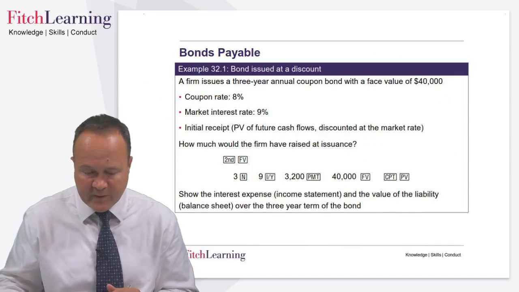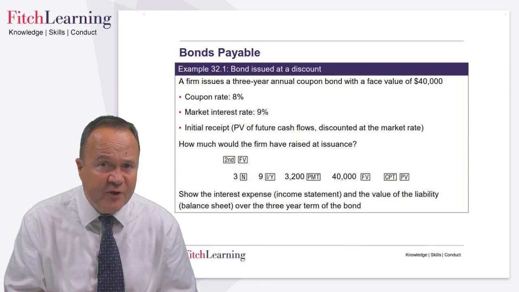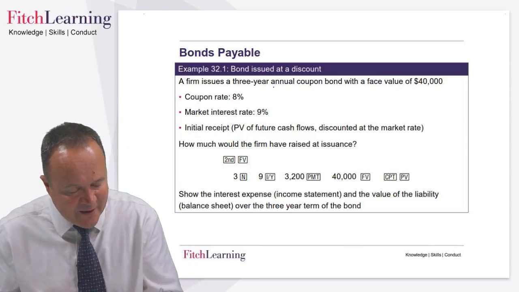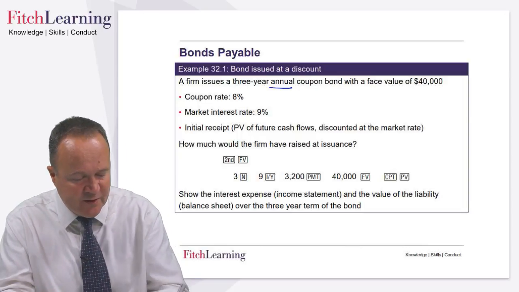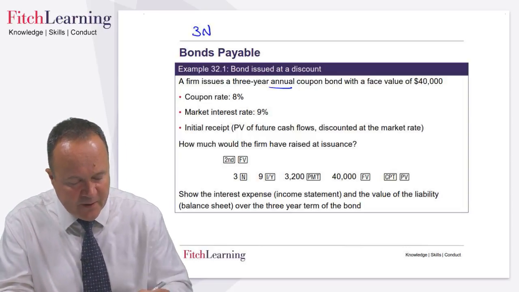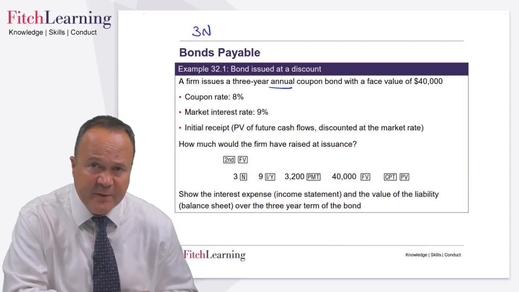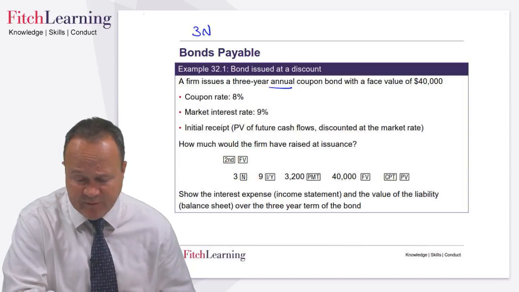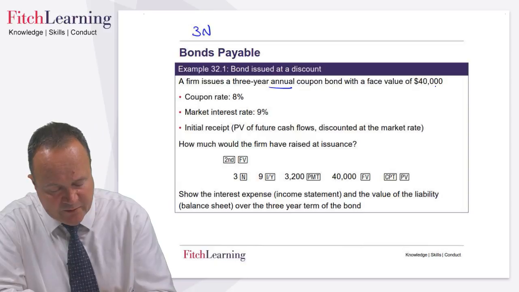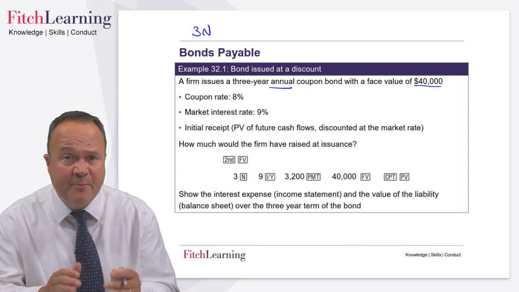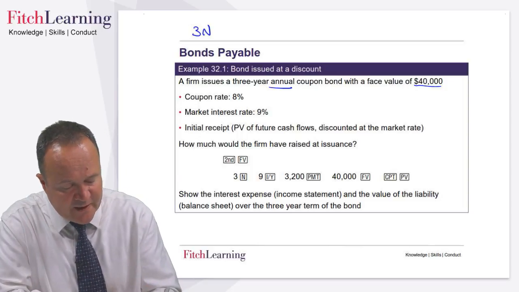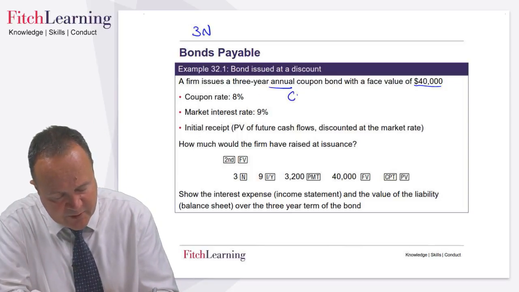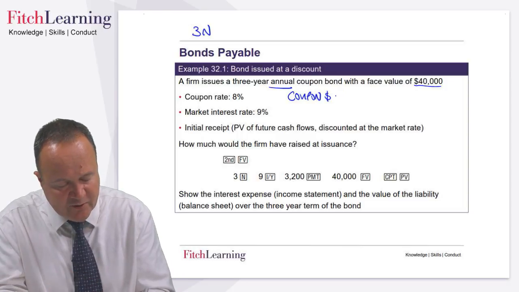Okay, here we have a 3-year, annual coupon bond. So 3 annual coupons, so obviously 3N. The face value, another word for par value, is 40,000. So that's what we get paid at maturity. The coupon rate is 8%. So we can easily work out what the coupon is as a dollar cash flow.